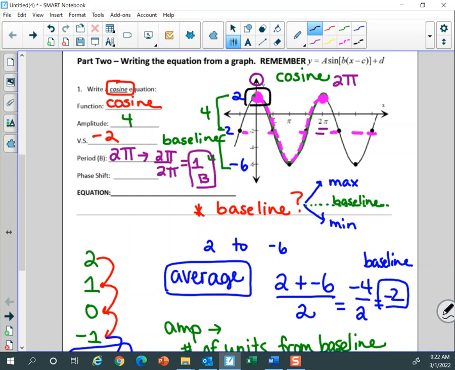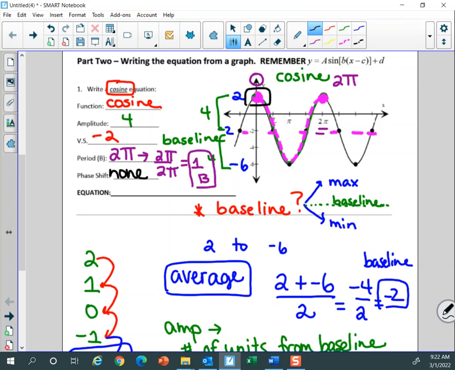And the last thing, if we look at where we started, if we can start our graph on the y-axis, then there's no phase shift. Phase shift, I keep saying that's the hardest part. It's all a little tricky. Okay.